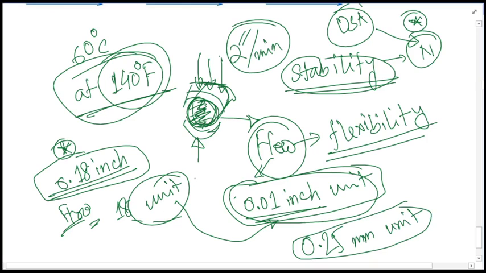So it will depend in which unit you are calculating. If you are calculating in 0.01 inch, then it will be like this if the value is 0.18 inch, and in a similar case if you convert it to millimeter, then you will have to convert the values into 0.25 millimeter units. So therefore you will be getting the flow value.